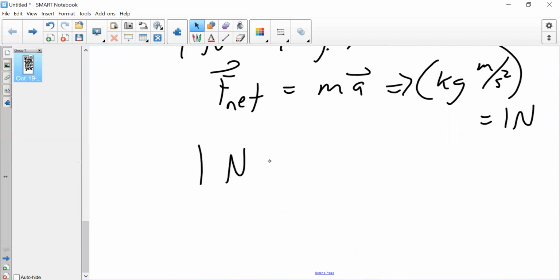In terms of pounds, I think 1 Newton is equal to 0.2448 pounds. I think this is reversed actually. If anybody can confirm that as I look. But you generally won't have to use pounds, or pound conversion, only if you need to.